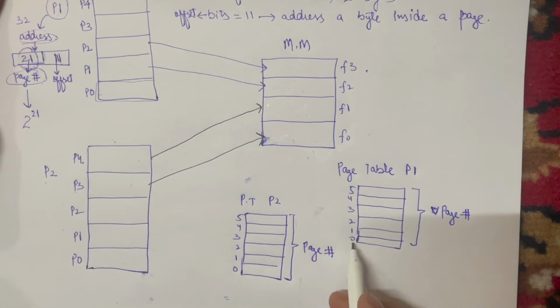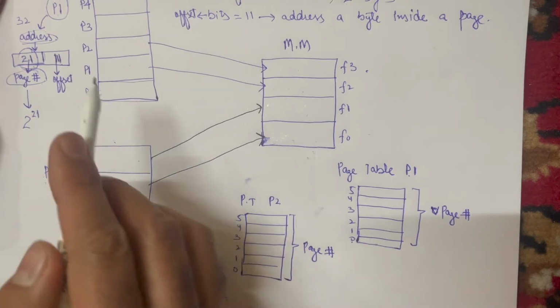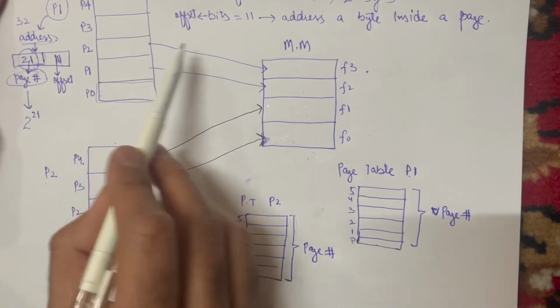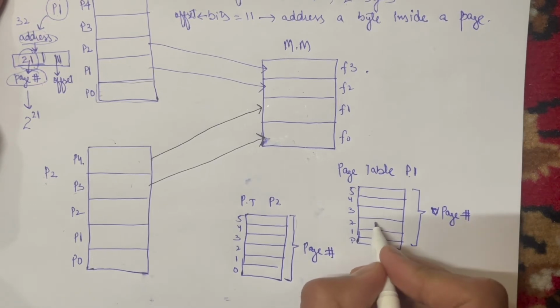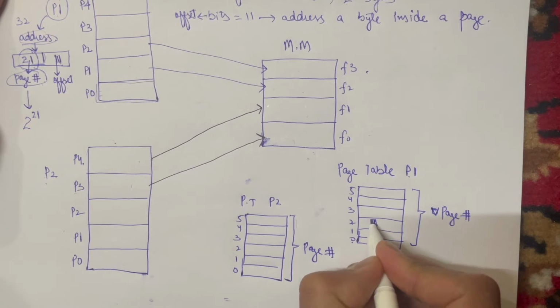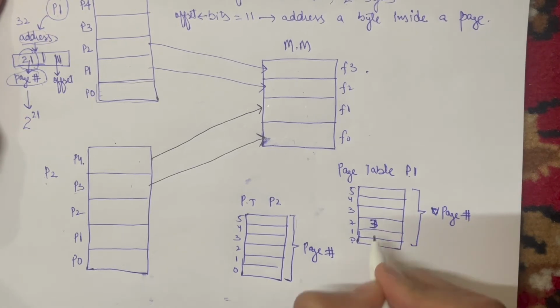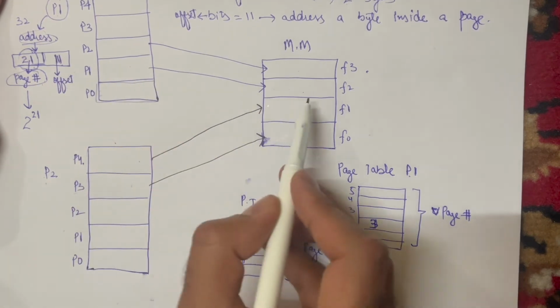This is saying that page number 0 of process P1 is mapped to which frame. So you can see P2 is mapped to F3. So at 2 we will store frame 3, or we can say 3 means frame 3. Okay, frame number. Fine. And P1 is mapped to F2.